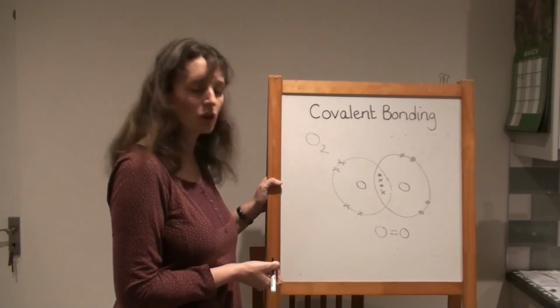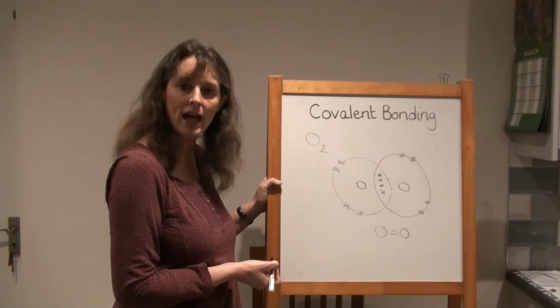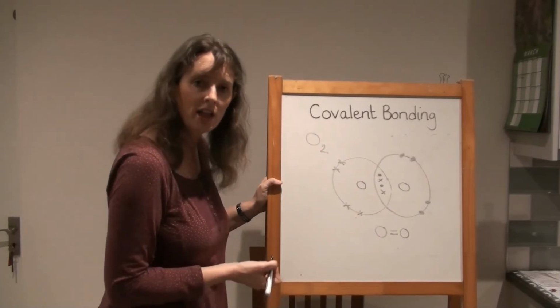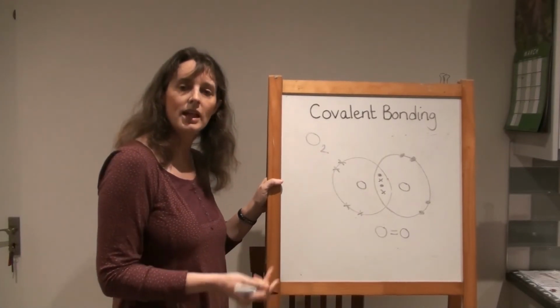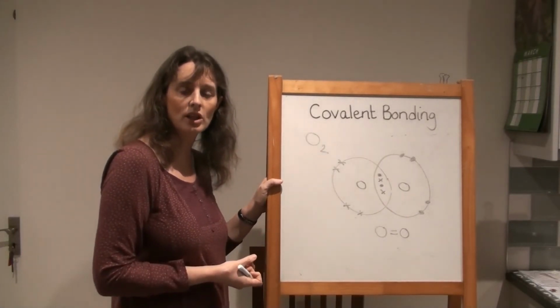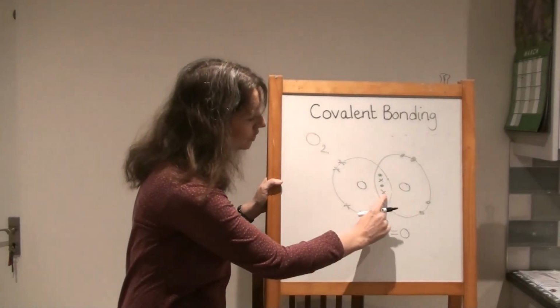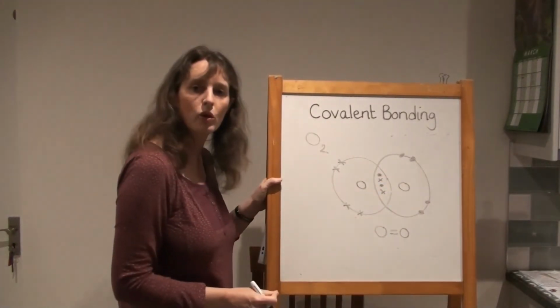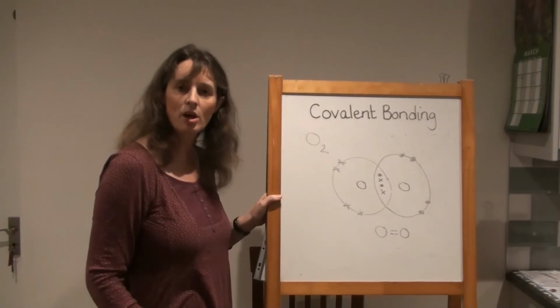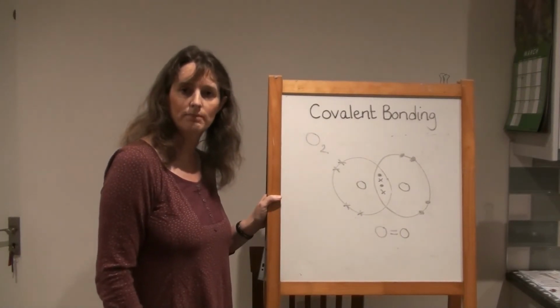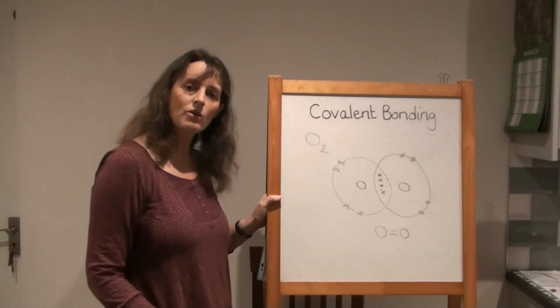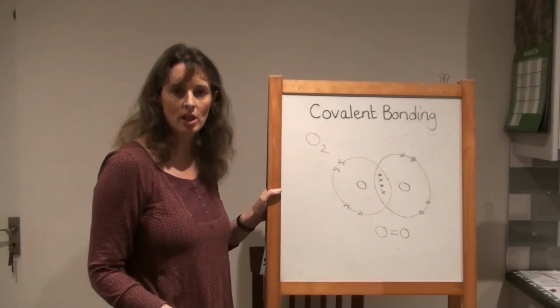So each oxygen is sharing 2 electrons, and in return the other oxygen atom is sharing 2 electrons as well. So we've got 2 shared pairs, and therefore it's referred to as a double covalent bond. So let's now look to carbon dioxide.